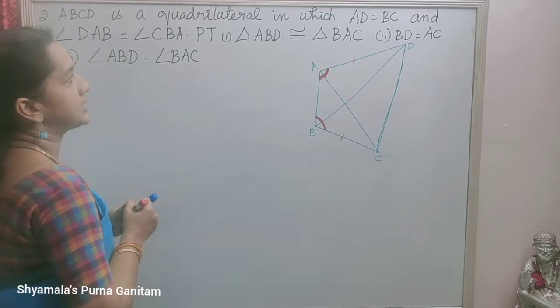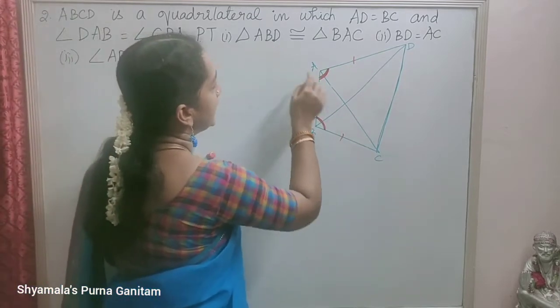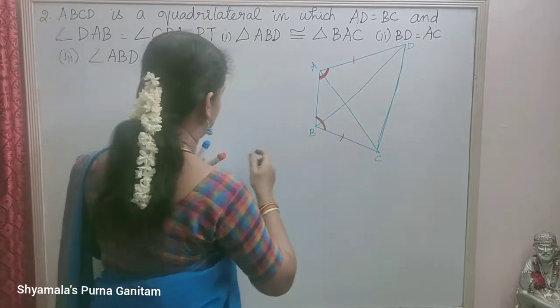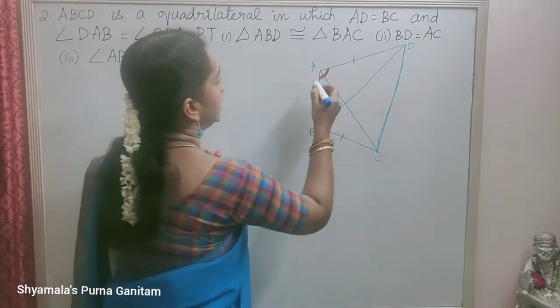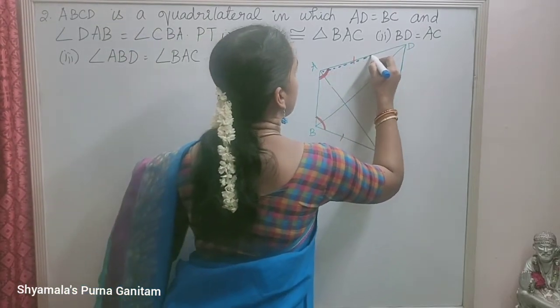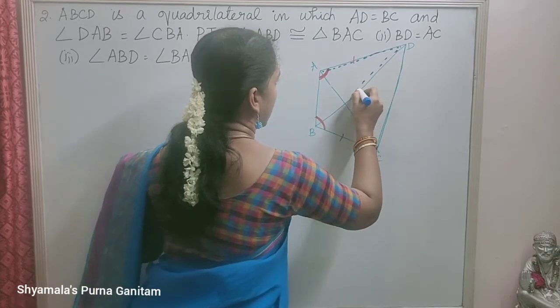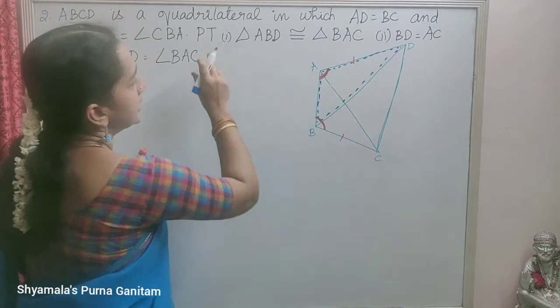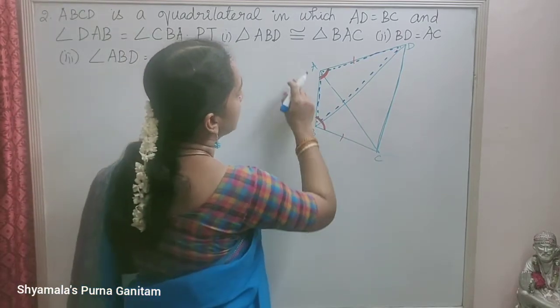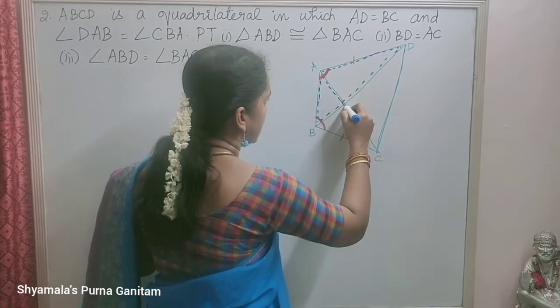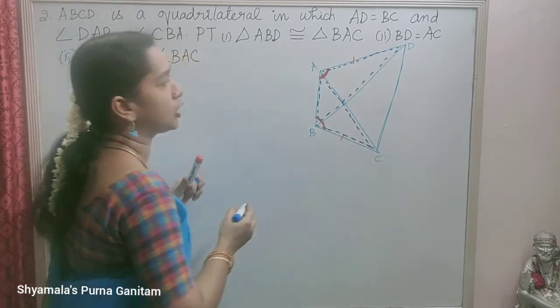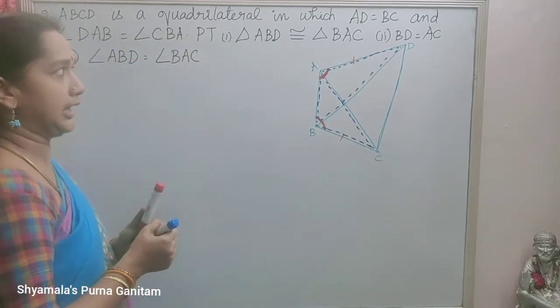Prove that triangle ABD is congruent to triangle BAC. So they are taking this triangle ABD, and you have to prove the congruency of these two triangles.